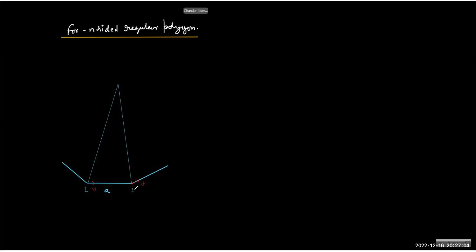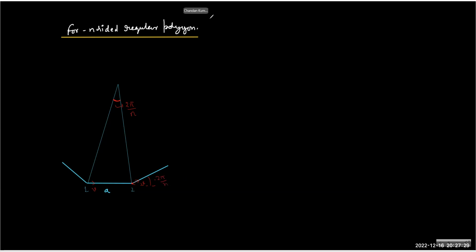We know the angle, right? This angle is how much? Any guess? Okay, what is this angle? 2 pi by n. This is 2 pi by n. And what is this angle? 2 pi by n.